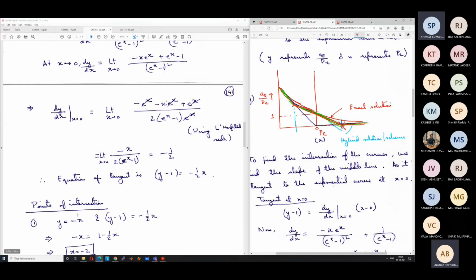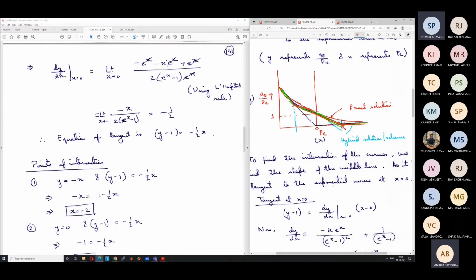To find the first intersection, we find the intersection of y is equal to minus x and y minus 1 is equal to minus half x. What is the meaning of intersection? I am going to very trivial maths here. Intersection means that at the same value of x, the value of y is also the same.